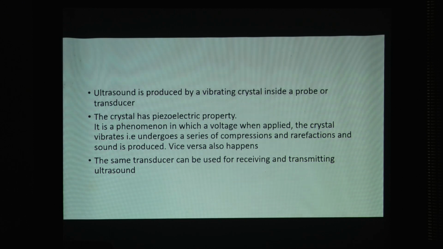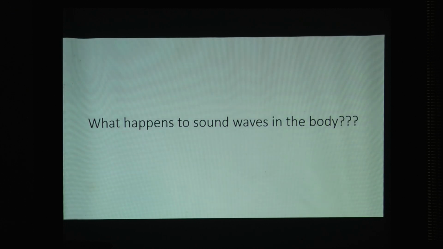Vice versa also happens. That means when the reflected sound waves strike the transducer, a voltage is applied, and this voltage is used in the production of an image by the use of computer. The same transducer can be used for receiving and transmitting.